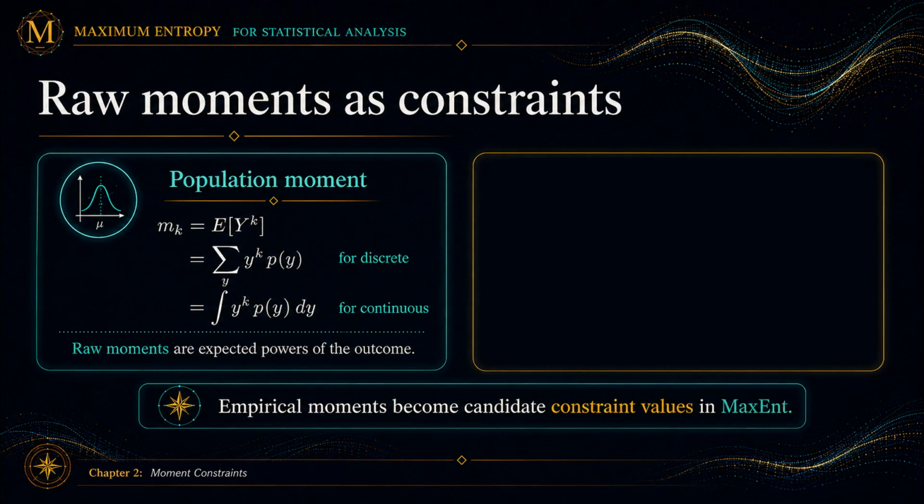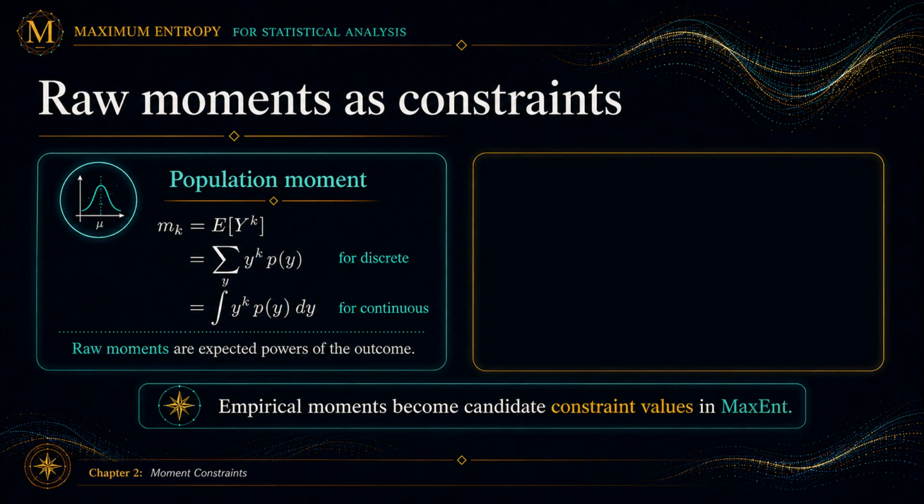So remember that moments are simply the expected value of y raised to the kth power. So the kth moment is the expected value of y raised to the kth power, and you can do this for discrete and continuous variables. Okay. So what you're seeing right there is the population moment, or the theoretical moment of the distribution.